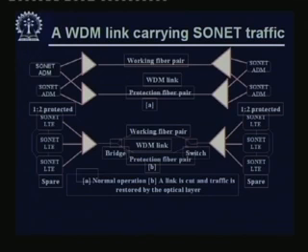Now, look at this 1:2 protected scheme. What is happening is that there may be one protection fiber pair, and through the working fiber there may be multiple virtual links going through the working fiber using different wavelengths.